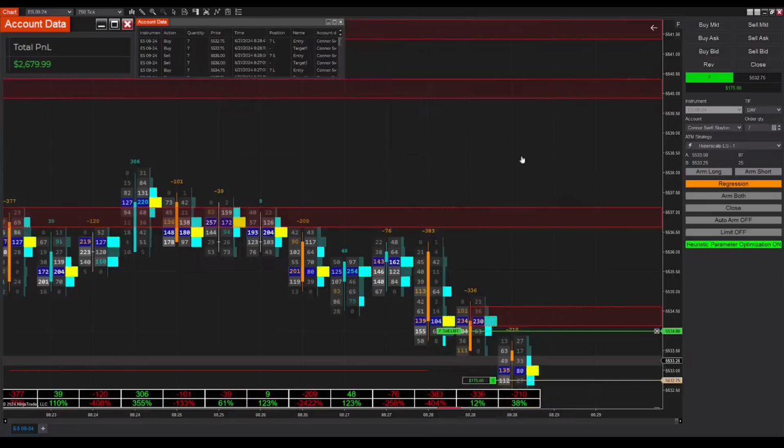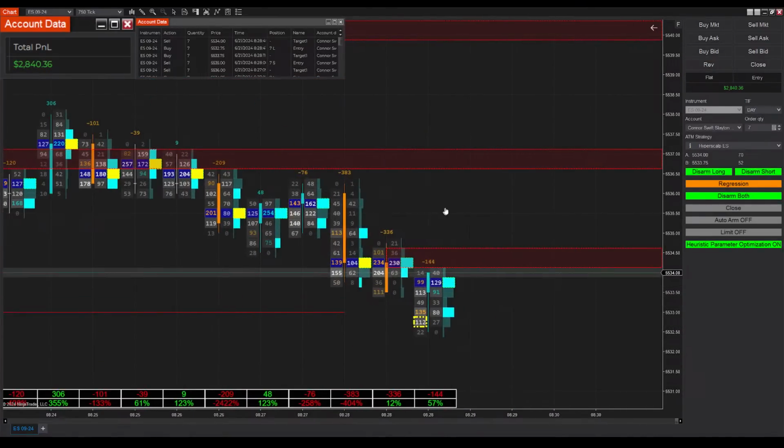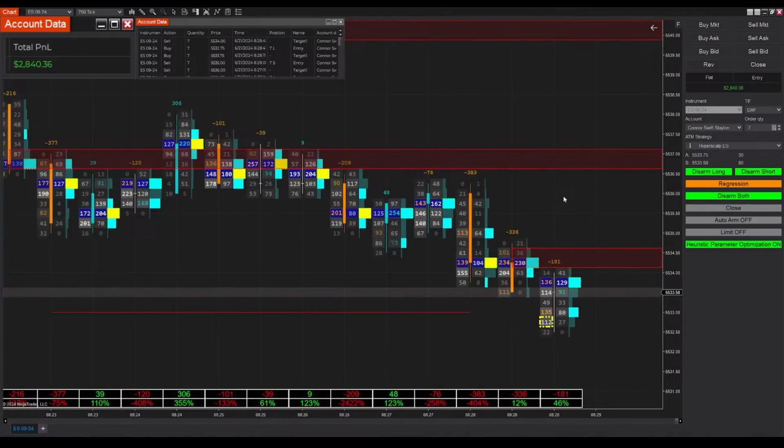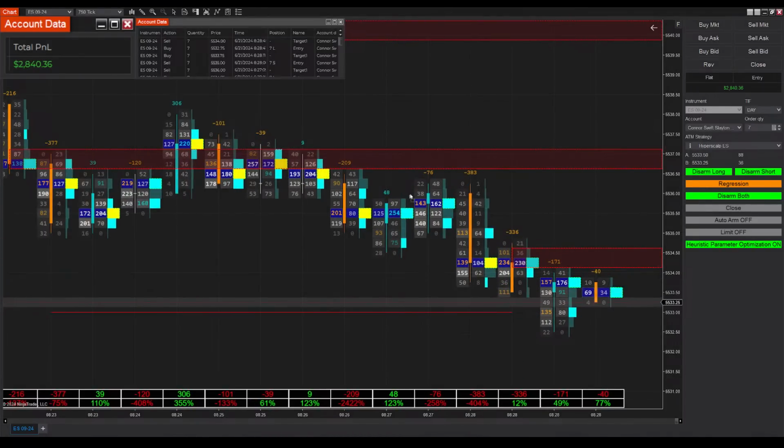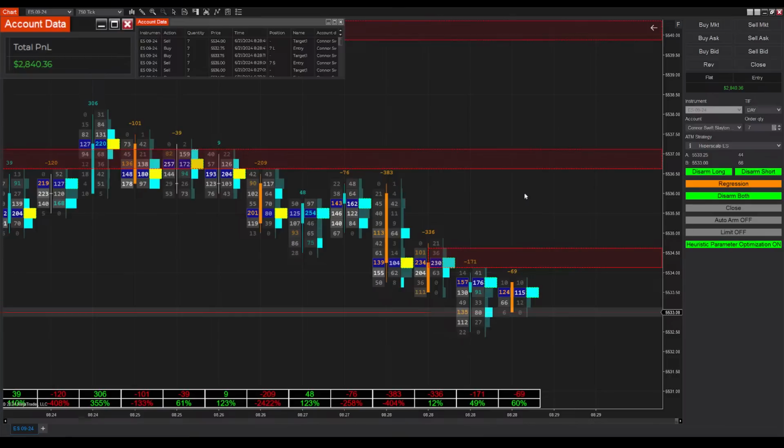Just got filled, and we end up winning that one quickly as well. You can see we're finally getting that momentum we needed. In the beginning of the day, we were having a slow start, with some wins and some losses, back and forth. We were still positive, even though we started the day negative. But now we're getting a stream of wins.